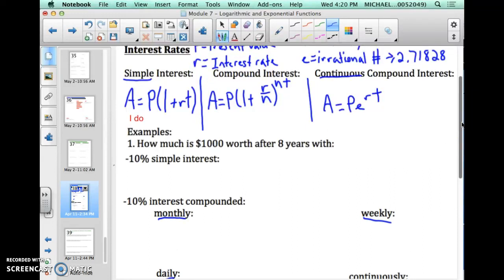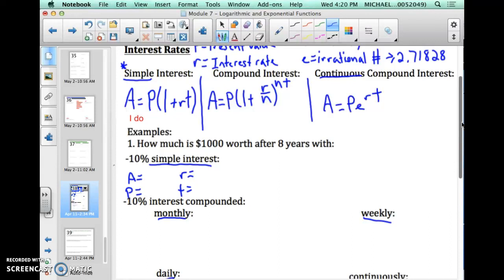In this case, I see the word simple interest, so I'm going to be using A equals P times (1 plus RT). So I need to identify my A, my P, my R, and my T. Those are the only variables I need to know in this case.